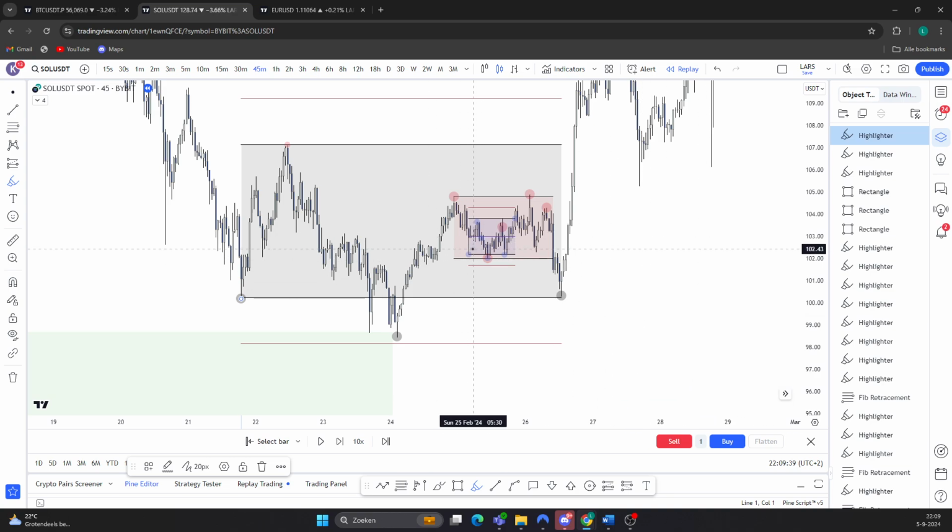But what you can say right here is that you had a blue TCT Model 2 schematic, where the purpose of that schematic was to tap the range high so that it could go over into a Model 2 TCT distribution schematic. And the purpose of that Model 2 distribution schematic was to come back down to fulfill the bigger accumulation.